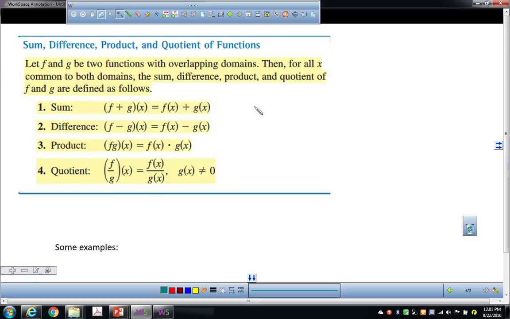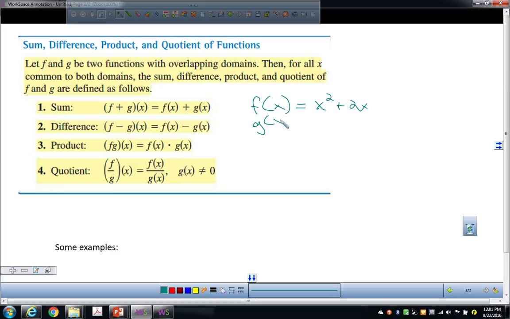There we go. Okay. So if I have that, for example, if f of x is equal to x squared plus 2x, and g of x is equal to 2x plus 1, then you guys could find f plus g of x, which means just take those 2 functions and add them together, right?